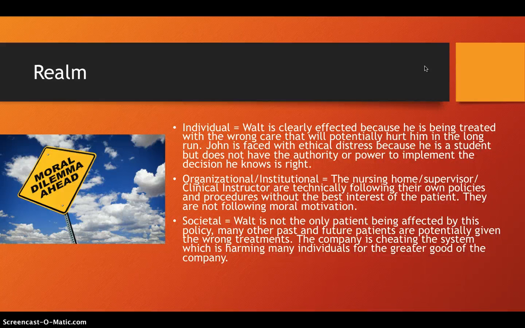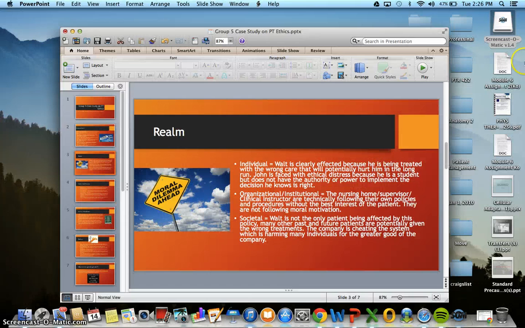We stepped back and looked at it from a societal view. This could be a potential for a bigger problem. If Walt is one of the patients being affected at this nursing home, who else is being affected by it? That's something we want to keep in mind.